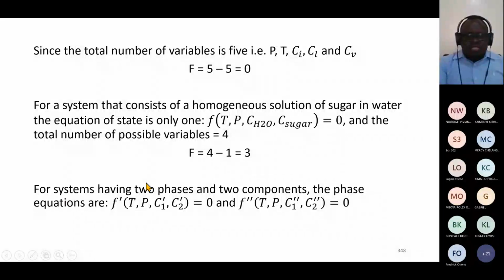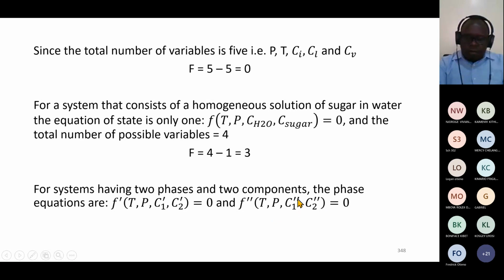Now we can also have systems that have 2 components and 2 phases. Now the phase equations are given by this. So here, C1 prime is the concentration of component 1 in phase 1.